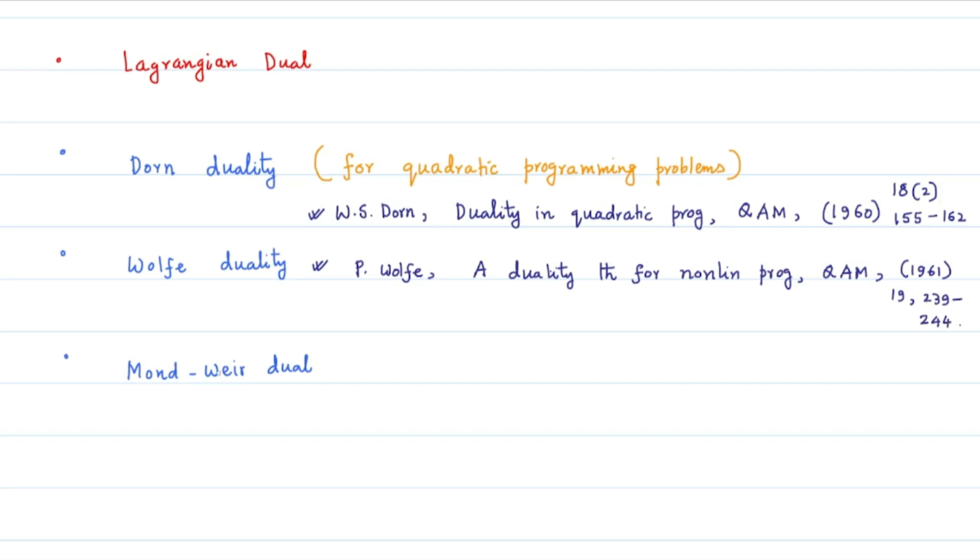This is Mond-Weir type duality, relaxing the convexity assumption in the Wolfe duality.